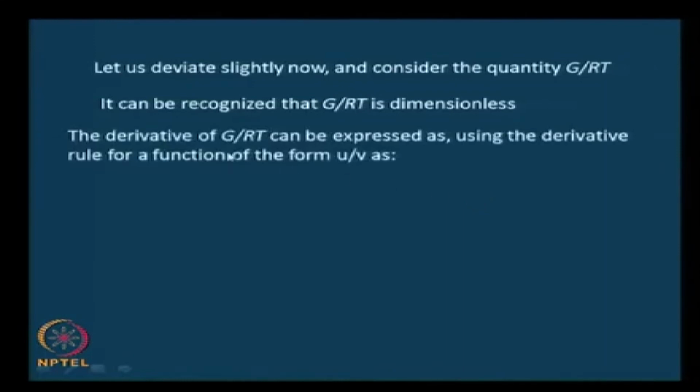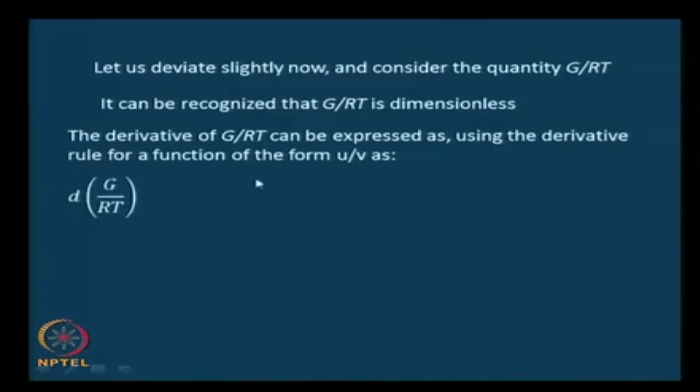Now, let us consider the total derivative of G by RT. R of course is a constant, but G and T are variables, and it is of the u by v form.